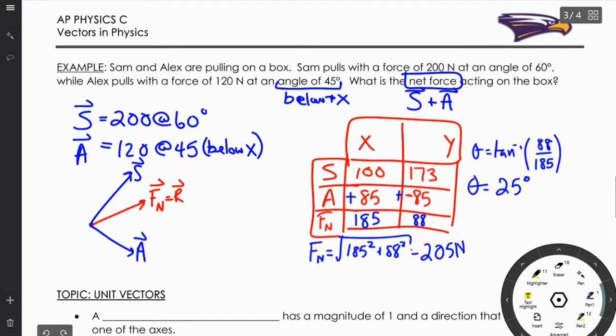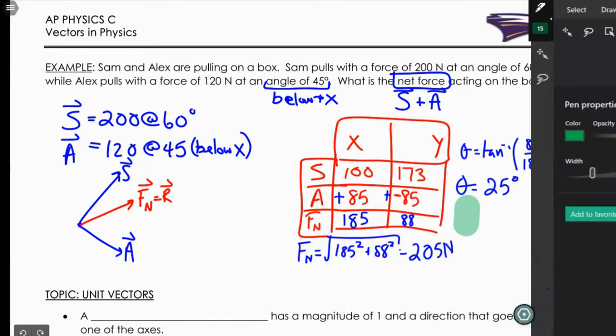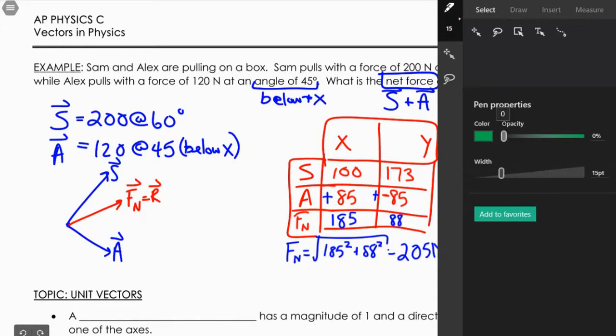So what is the net force acting on this box? Whoa, sorry. I don't know why all of a sudden I went that big. Let me bring this down to 1.